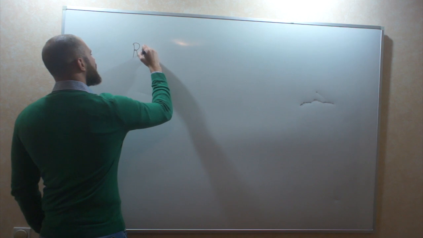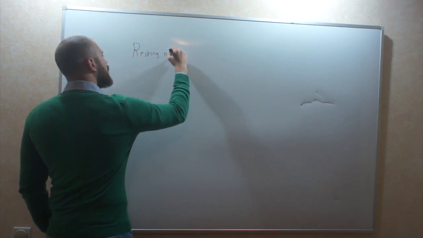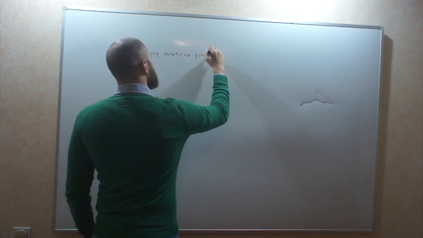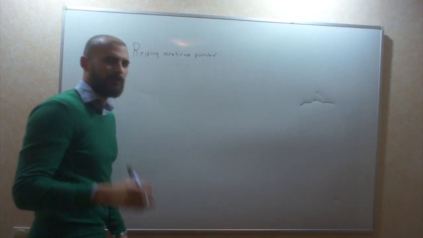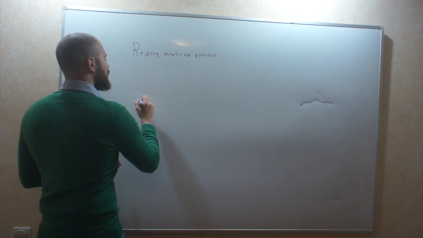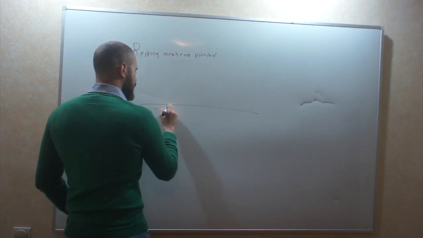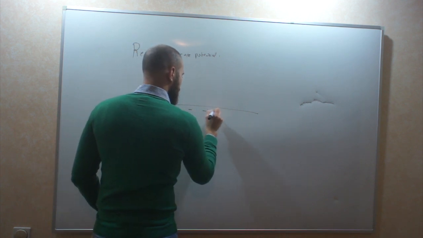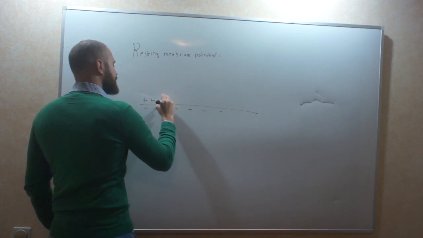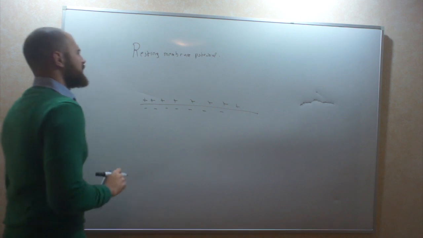The resting membrane potential is the difference of electrical potential across the membrane. You have a membrane, it's negatively charged inside and positively charged outside. I'll give you some examples.